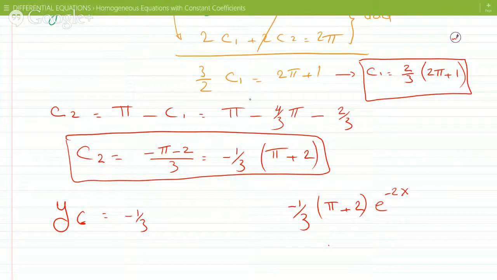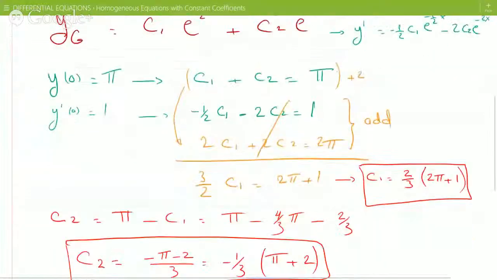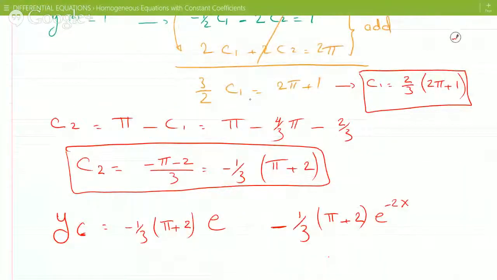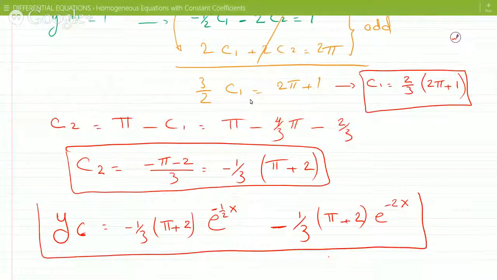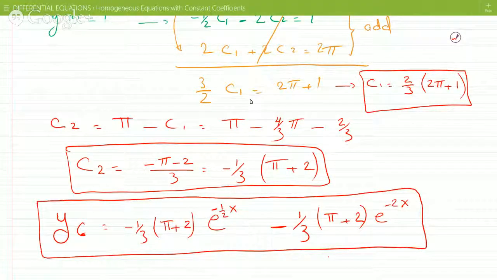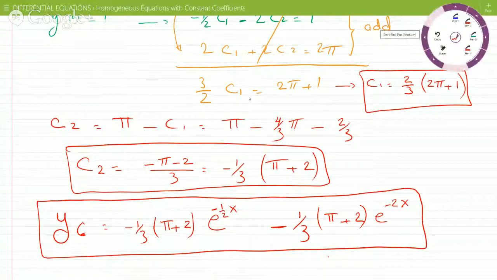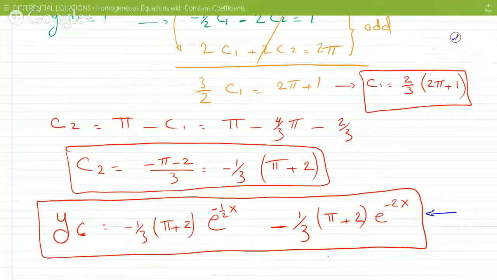So the second one is e to the minus 2x, the first one e to the minus half x. And so this would be the general solution of the differential equation. Right here.